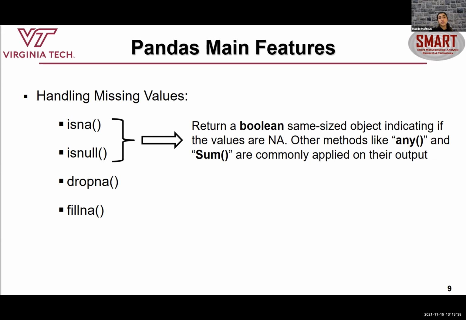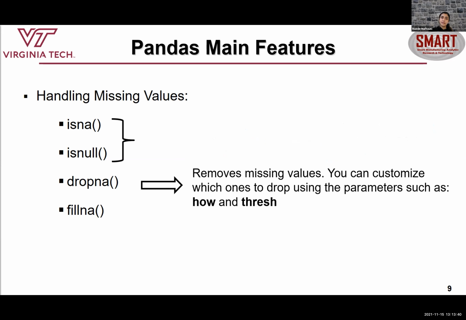Another thing, once you know about the existence of the missing values, you want to deal with them. You either want to drop them or you want to fill them. So dropna is to remove the missing values, and it also takes parameters to customize for your need, so that you can specify in detail which ones you want to drop and how you want to drop.